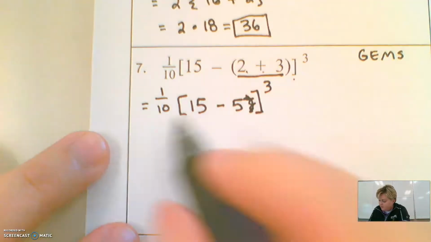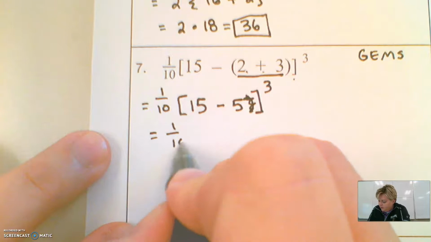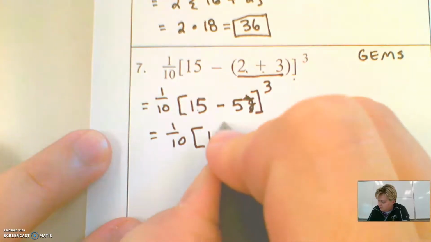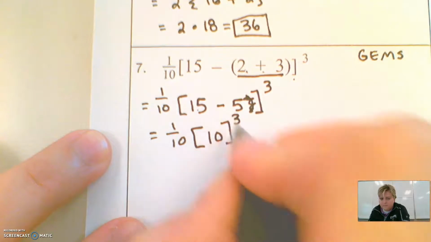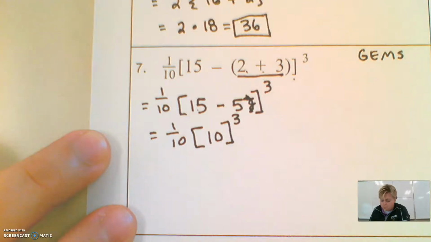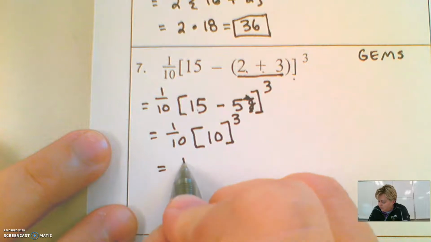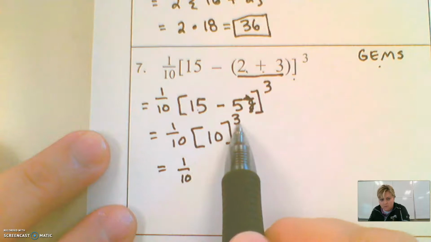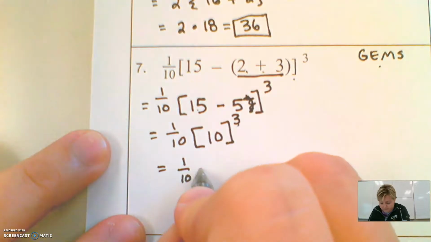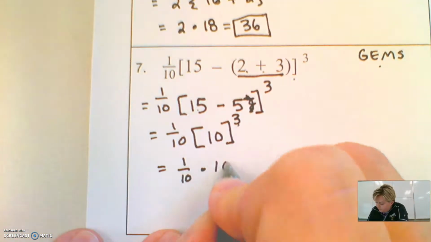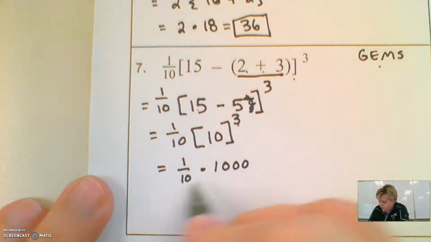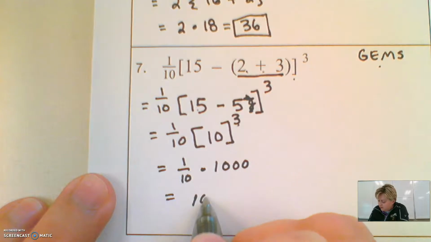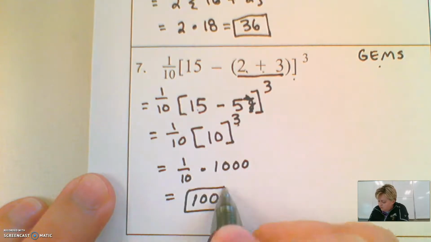All right, then inside the grouping, you have 15 minus 5 is 10. Everything you haven't used comes straight down. No more grouping, but we do have exponents. 10 cubed. 10 times 10 times 10 is 1,000. Multiplication, 1/10 times 1,000 is 100.